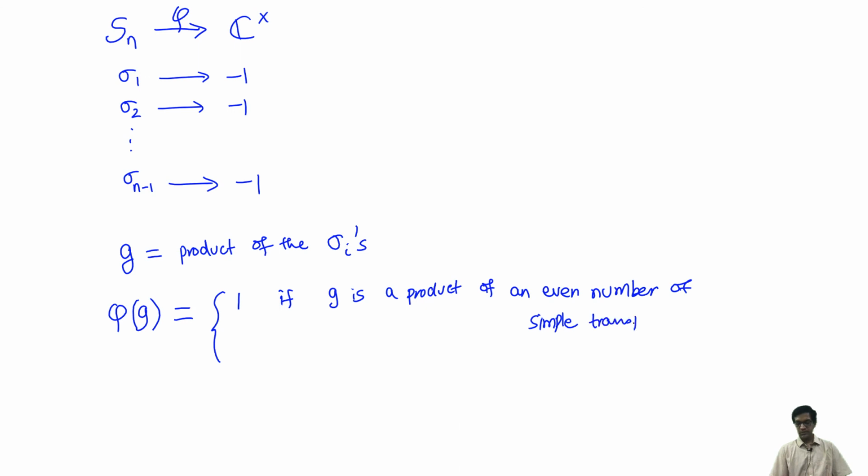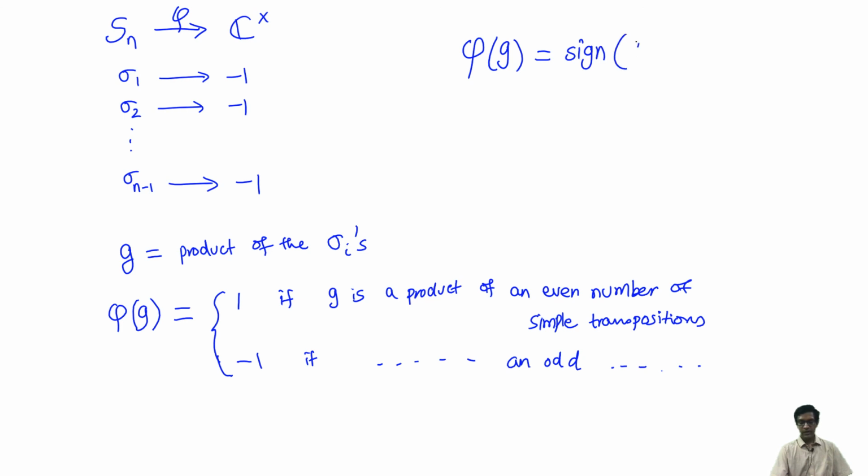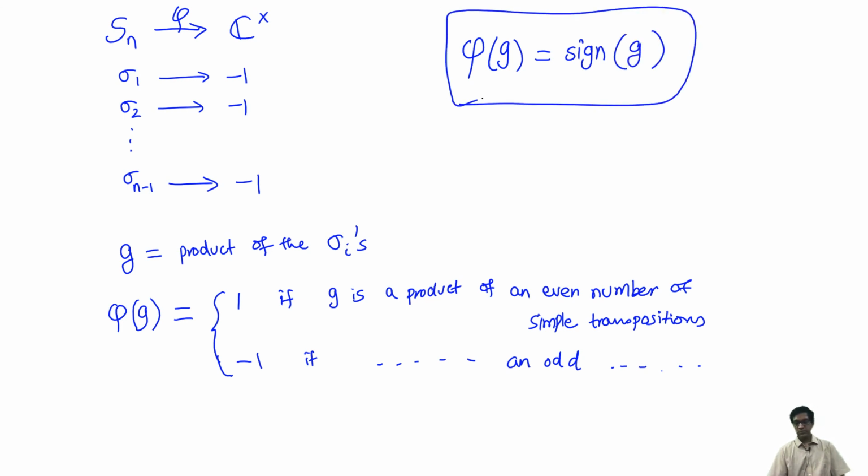These simple transpositions are just the sigma i's, and it's minus 1 if this is an odd number of simple transpositions. And recall, this is exactly the thing that you have seen before. This is the sign map. This is the sign of a permutation, which is, if you write it as a product of transpositions, whether you have an even or an odd number of them.